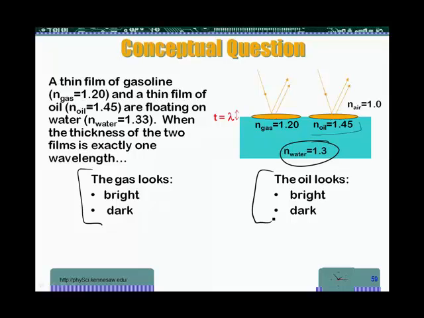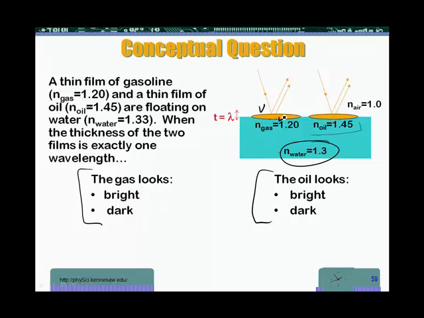Now in this case, for the gas, we are going from air to gas, to a higher index of refraction. So we have a phase change, and then here from gas to water, a higher index of refraction, so we also have another phase change.